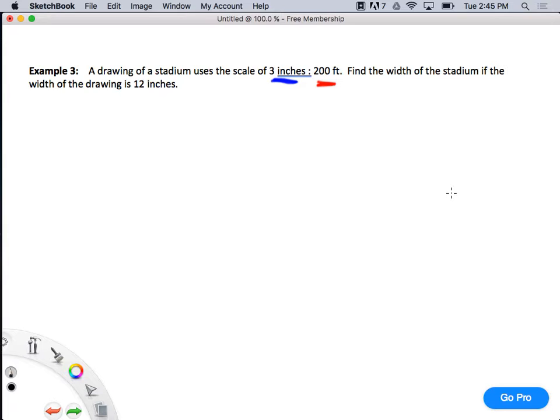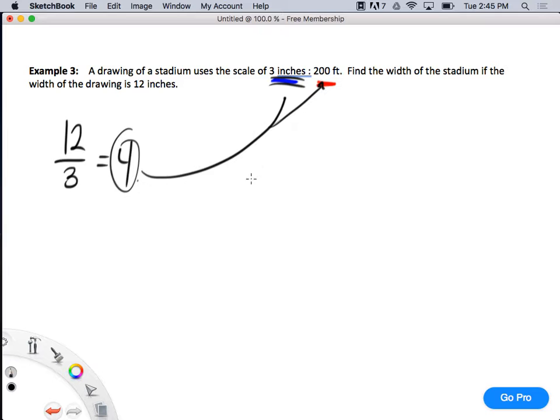Well, first you do 12 divided by 3 is 4. So it's 4 times this, right? So I just multiply that by 200. It's 4 times 200 equals 800 feet. Does that make sense to you guys?